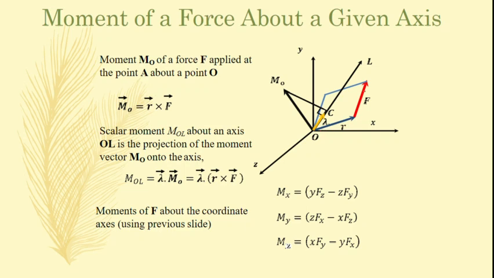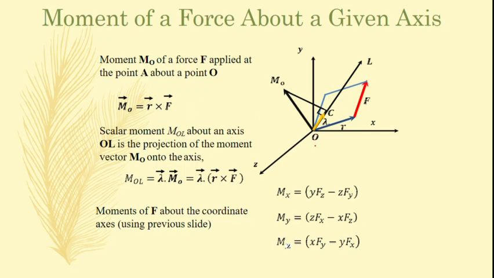If we take the moment about this point O, we get this M in this direction, that is perpendicular to both r and F. Then if we want to find out the moment of this force about this given line or axis, that is OL, instead of this point O, then what can we do?